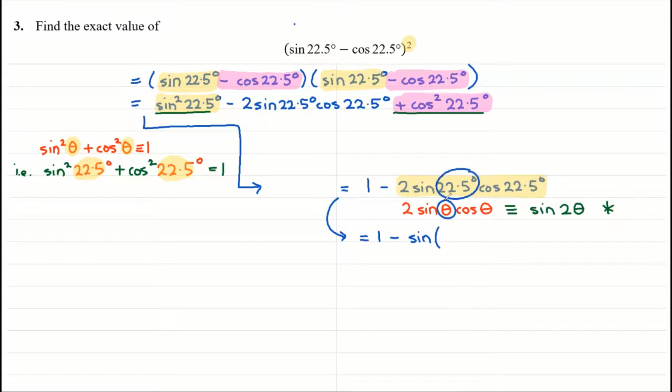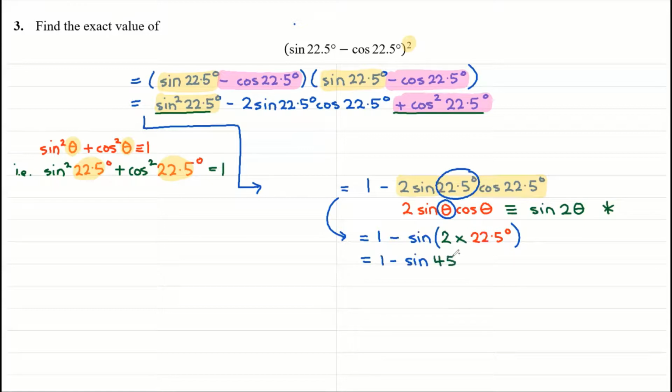I've got to double whatever my theta is. So it's 2 lots of 22.5, because I have to double the angle. Hope that makes sense. Now, if I double that, you're probably wondering, why is it 22.5? Well, you'll see now. If I double that, I get the sine of 45 degrees.